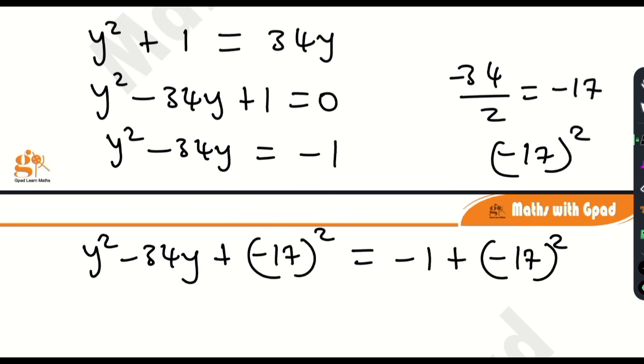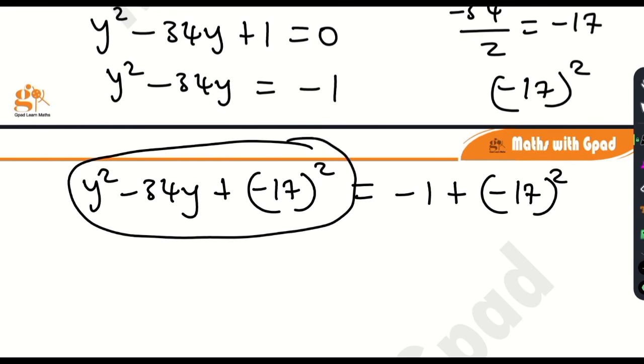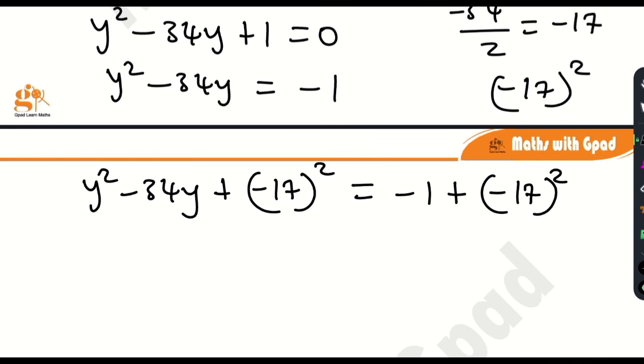Now, don't even stress it. You know what we can do here? This might look complicated, but it's easy to even factorize. Since I already know that this is a perfect square, don't stress it. If you want to factorize this, take this leading term y and then minus, because there's a minus here. Then what do we have here? 17. Don't bother about the negative sign here.